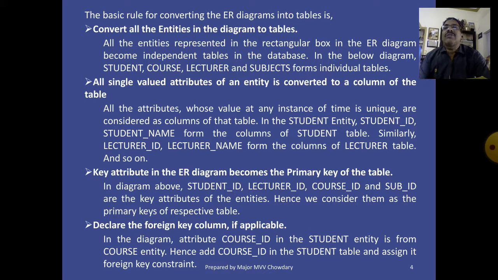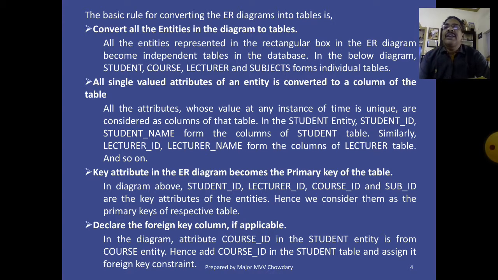So we convert these attributes into columns of the table. We consider all the attributes whose value at any instance of time is unique as columns of that table. In the student entity, student ID, student name form the columns of student table. Similarly, lecturer ID, lecturer name form the columns of lecturer table and so on.